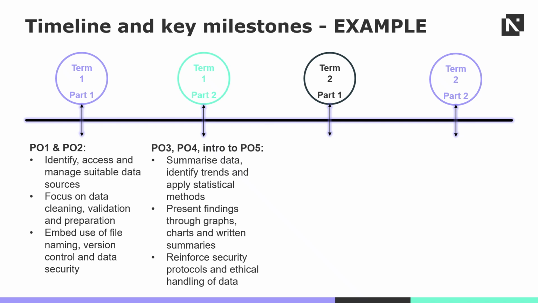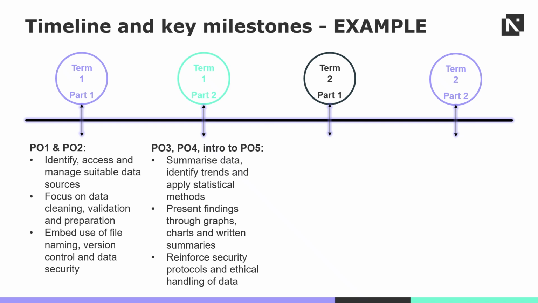Then in the second half of the autumn term, introduce performance outcomes 3 and 4 in terms of analysis, insight and communication, and an introduction to performance outcome 5. So here you could use structured tasks to develop skills in summarising data sets, identifying trends and applying basic statistical methods.